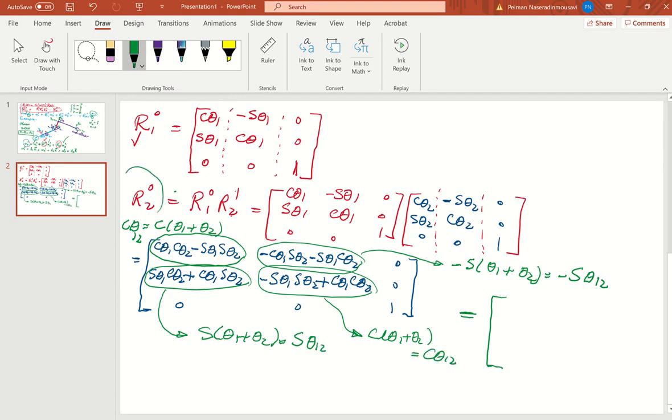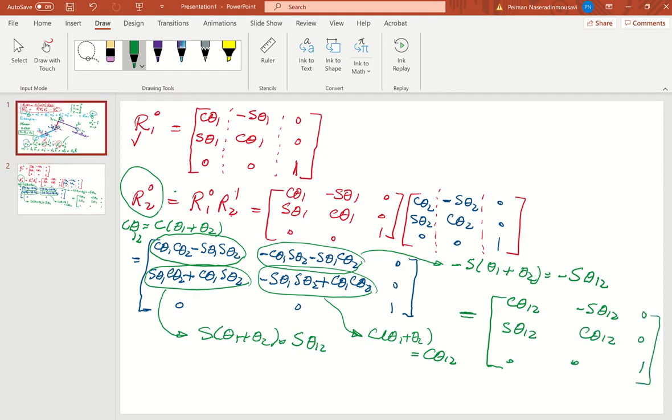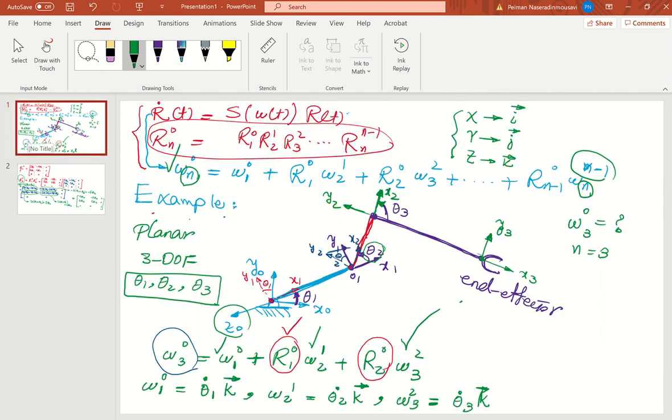So the R2 with respect to frame 0 of this robot is going to be cosine theta 12, minus sine theta 12, 0; sine theta 12, cosine theta 12, 0; 0, 0, 1. This is only part of our solution because we just calculated this. Now we have everything.